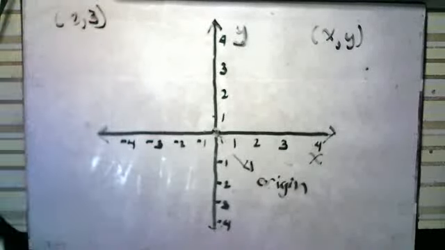Now, you need to intersect the two points. Since it is on the x-axis, you need to draw an imaginary vertical line.